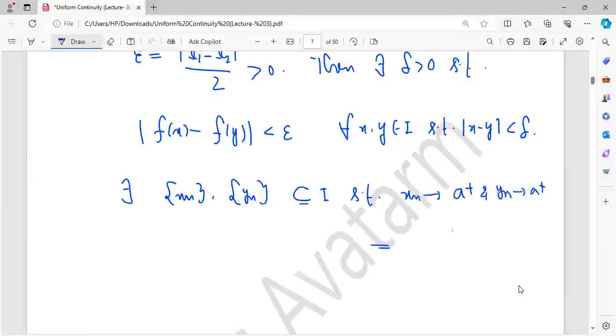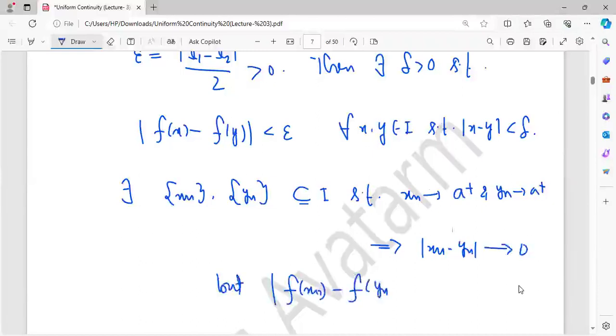So it means their difference tends to 0. Okay. But in that case, f(xn) minus f(yn), both tend to L1, this tends to L1 minus L2. Okay.